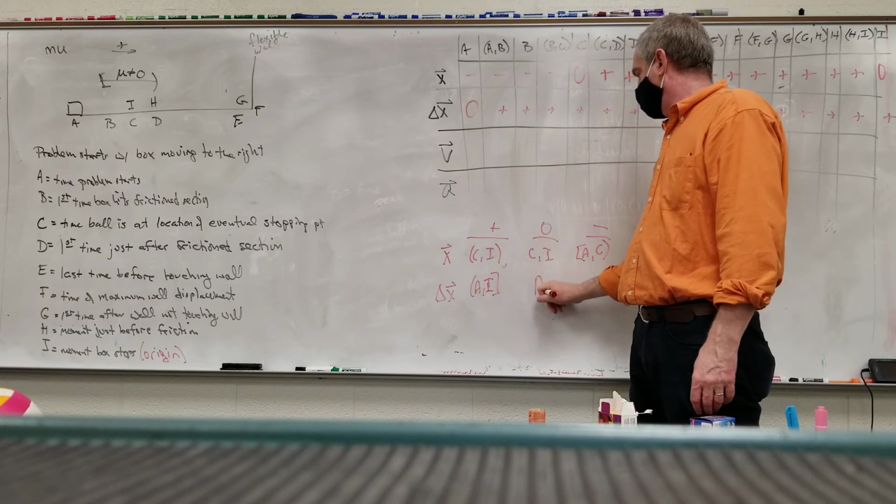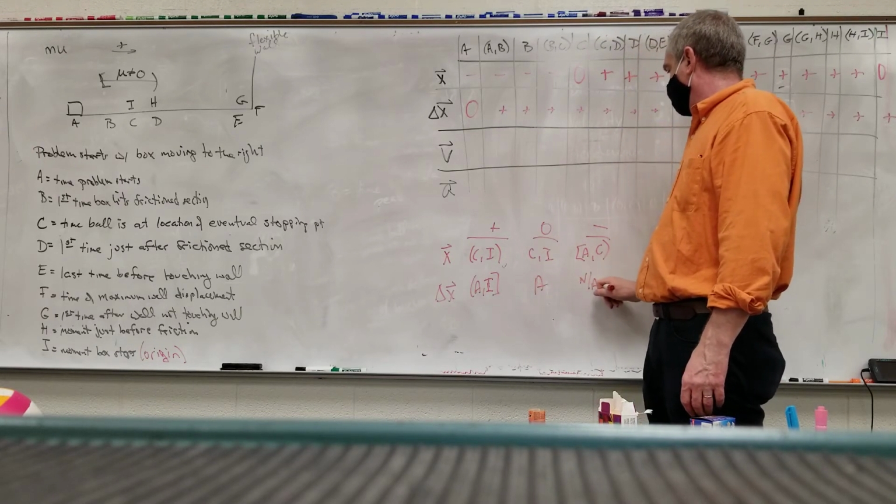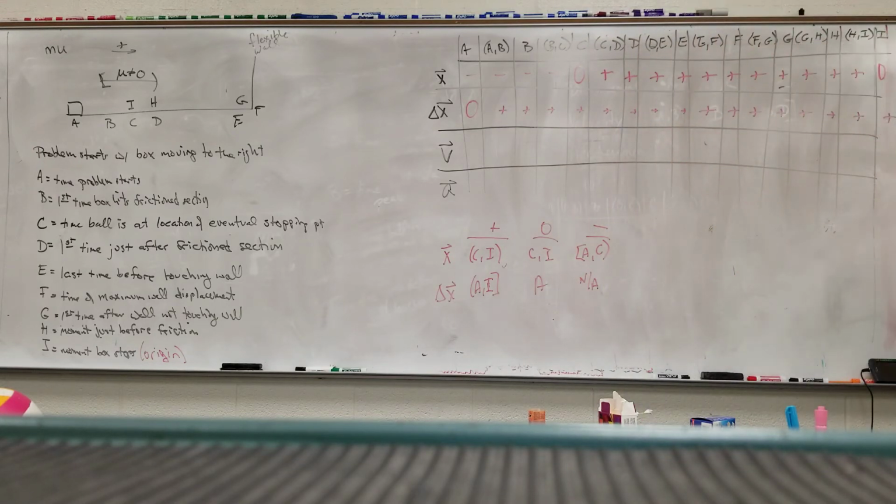And then it's 0 at A and never negative. Is that overall displacement? Yes, it is. If it was instantaneous, would it be negative going from E back to C? It would be negative going from F to I.